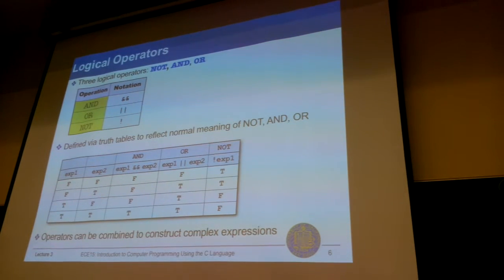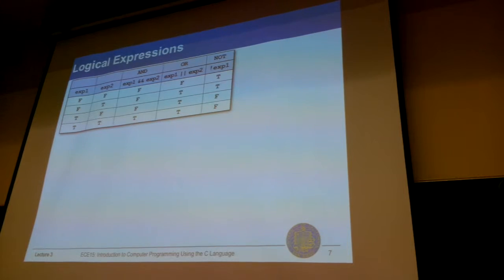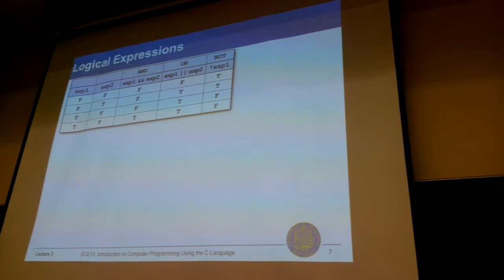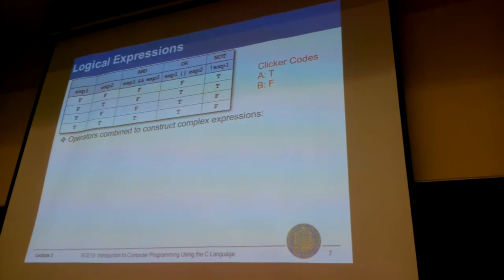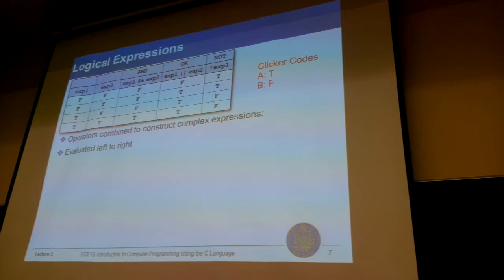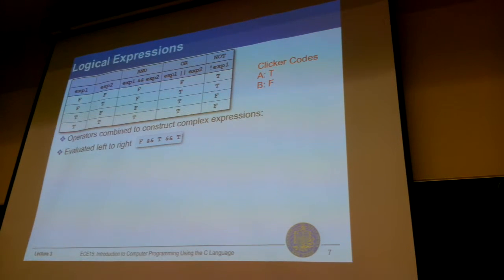And you can combine multiple operators to create more complex expressions. So let's take a look at a few examples of this. Again, I put the table up here just for reference. And let's combine operators. If you have your clickers ready, I'm going to run through some examples. It turns out when you combine operators, the first rule that you apply is you generally evaluate from left to right. Here I'm giving you an expression, and I'd like to know what this evaluates to.